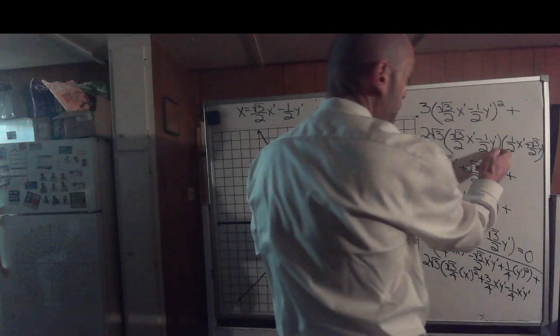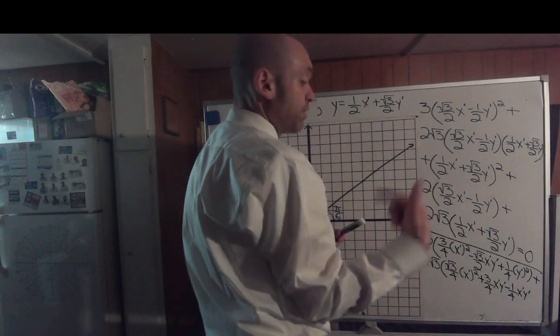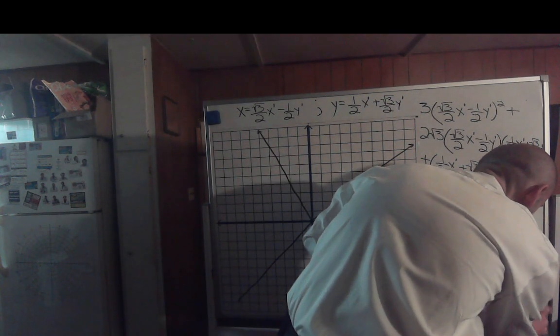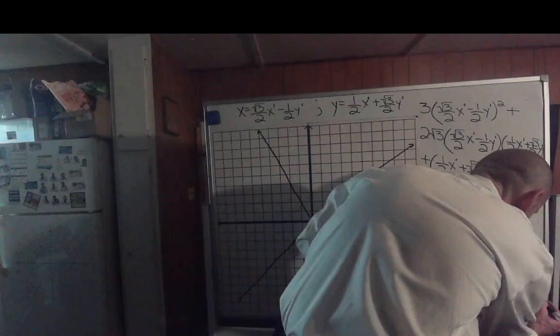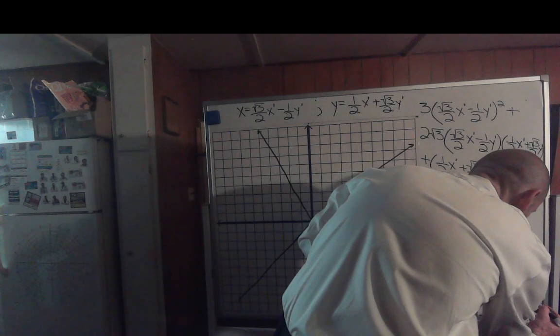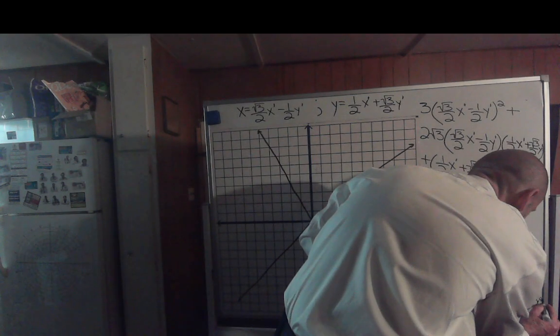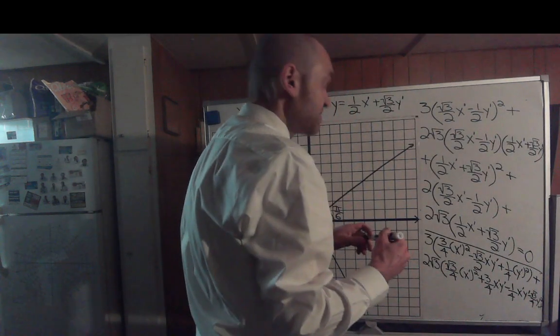And then negative 1/2 y prime times square root of 3 over 2 y prime, that'd be negative square root of 3 over 4 y prime squared. I know I'm running out of room here. I'll make this bigger here in a second.